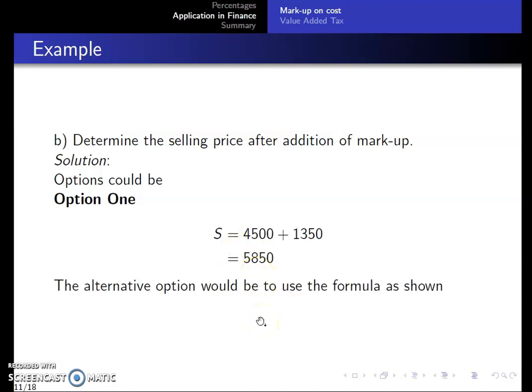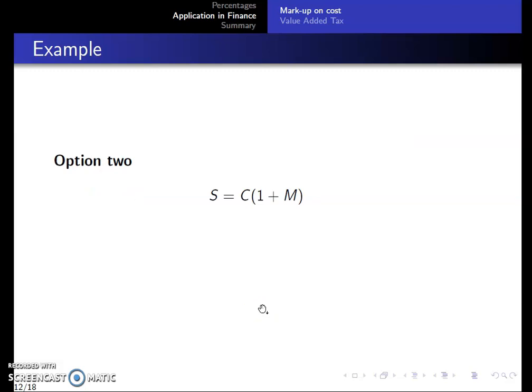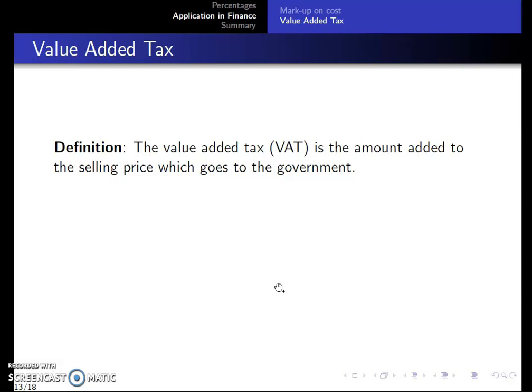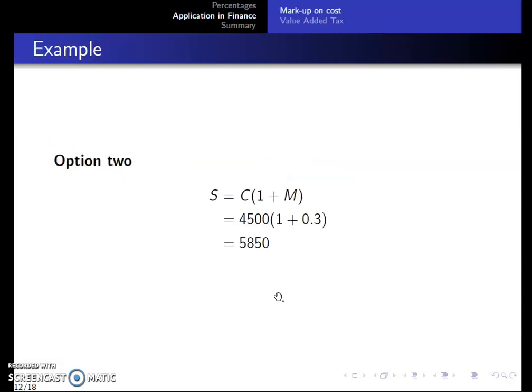Or you can use an alternative method, which is to use the formula, whereby it is calculated directly. You directly substitute into the formula, which will give you the same amount, 5,850.